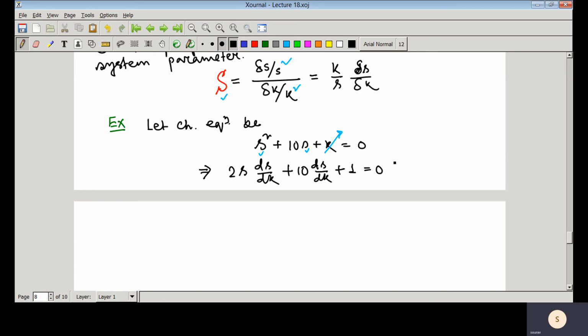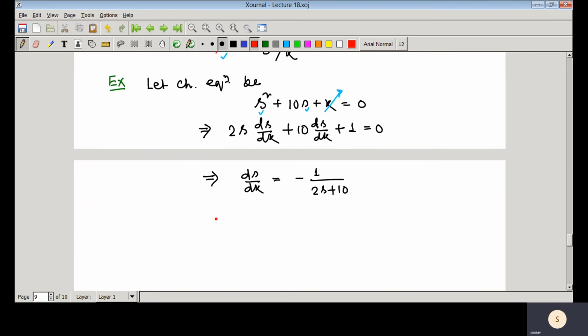Here K is the variable, and from here we can find dS by dK, which would be equal to minus 1 by 2s plus 10.